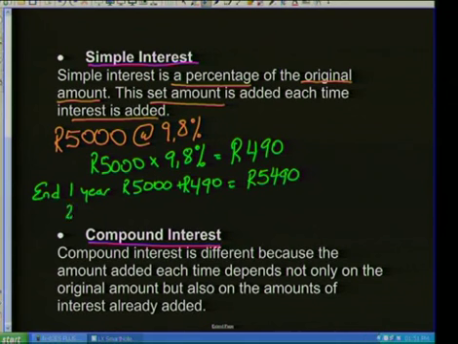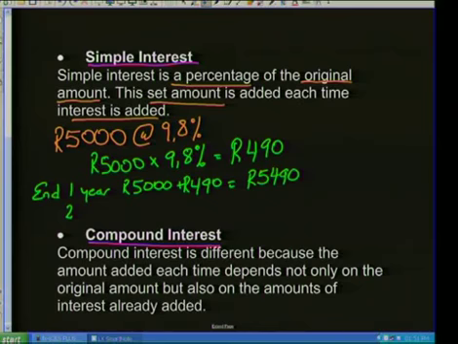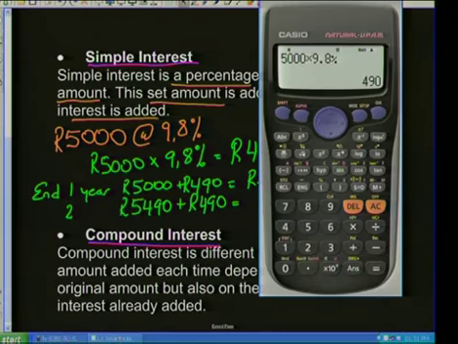At the end of the second year, now remember the interest doesn't change. It is simple and it is worked out on that original amount. So it was still our 5,000 Rand, although in the bank at the moment we have 5,490 Rand. But our interest doesn't change. It's 490 Rand.